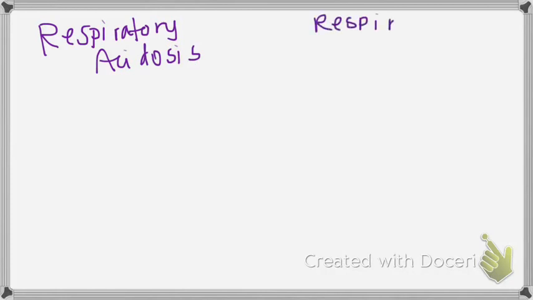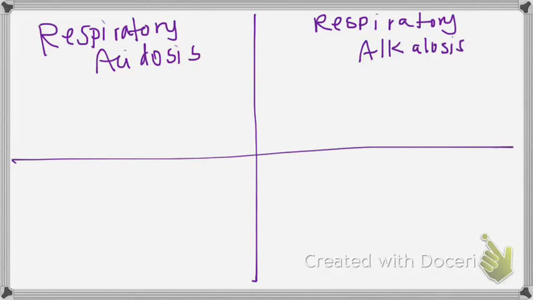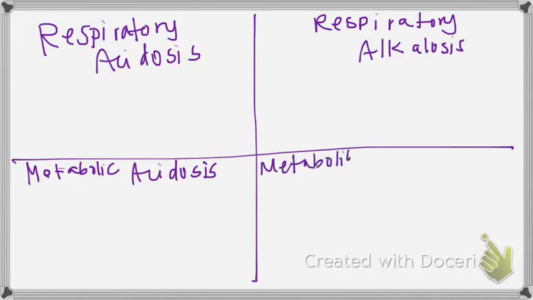This is on the next slides, but respiratory acidosis, and then respiratory alkalosis, and then down here we've got metabolic acidosis and metabolic alkalosis. Okay, so those are the headings in the box here.